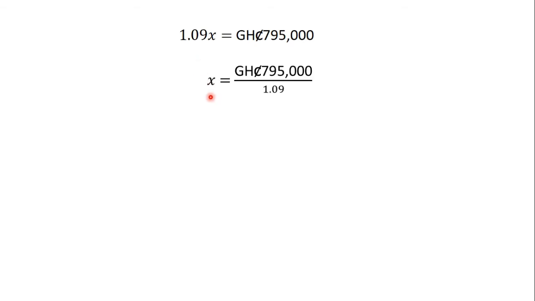When you do that, X will give us 795,000 Ghana cedis divided by 1.09. 795,000 divided by 1.09 will give us 729,358 if you correct your answer to the nearest whole number. Remember, the question said we should correct our answer to the nearest Ghana cedis.